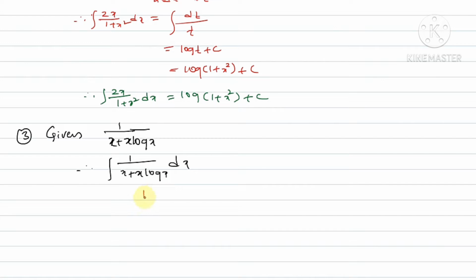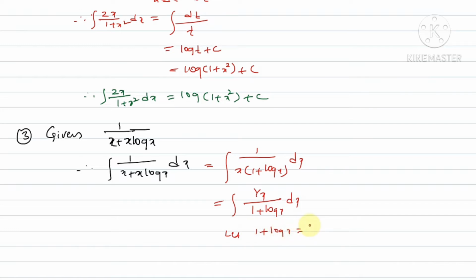In the same way here also, before that, I am taking x common. I write the integral of 1 upon x into 1 plus log x dx. Then taking x to the numerator, the integral is 1 by x upon 1 plus log x into dx. Now take the substitution: let 1 plus log x be t.